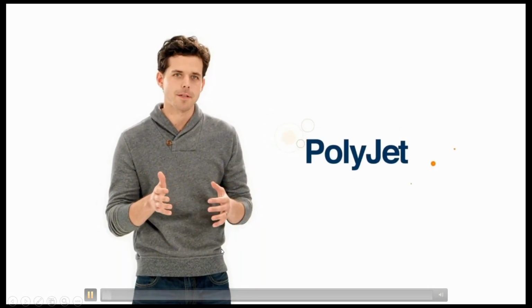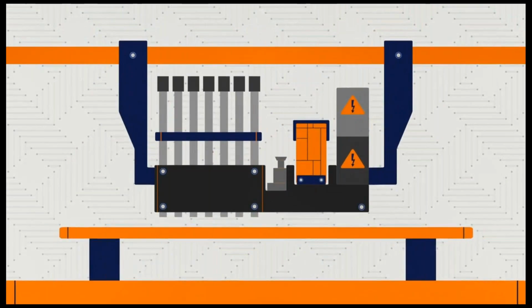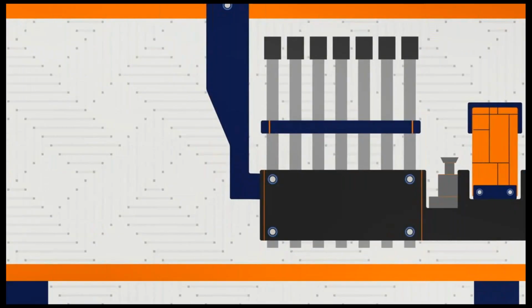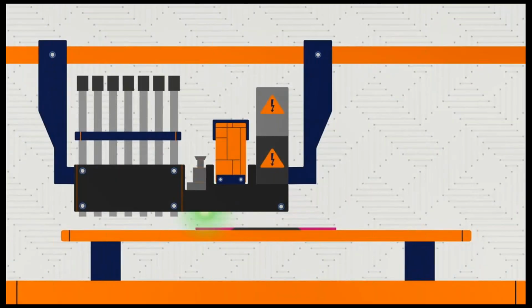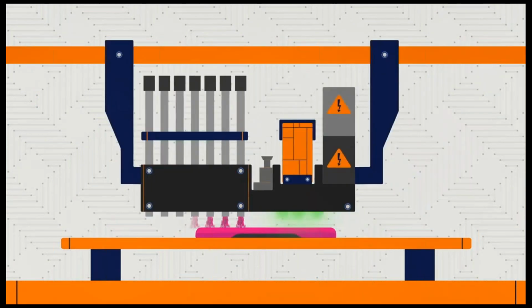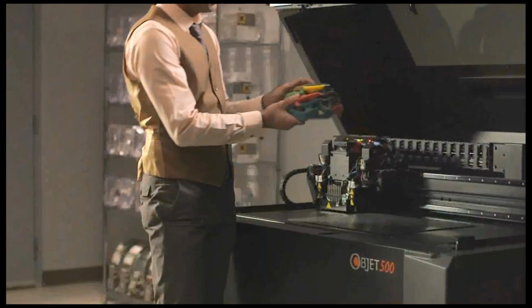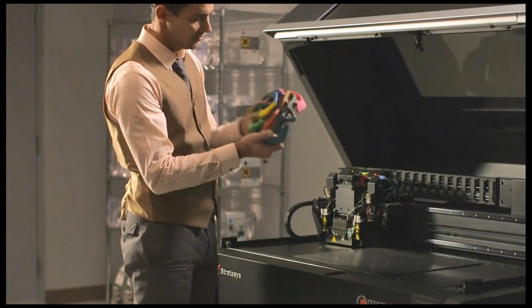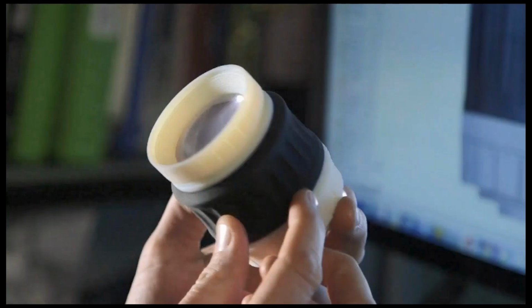It's a 3D printing method that makes beautiful, precise models in a huge variety of materials and colors. It works like an inkjet printer, but instead of jetting drops of ink, PolyJet 3D printers jet tiny droplets of liquid plastic. The UV light instantly cures the plastic, solidifying it. So, layer by layer, complex models. PolyJet systems can build multi-material parts, soft, rigid, clear, and colorful.